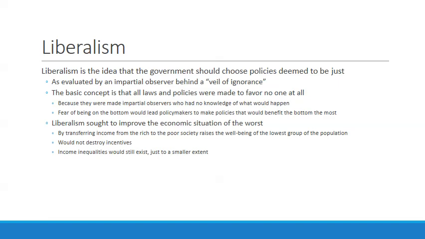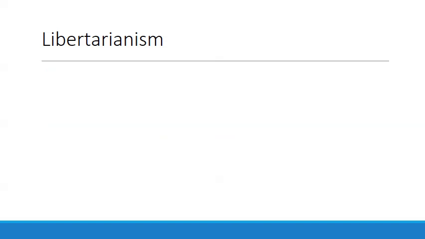Income inequalities would still exist, but just to a smaller extent. So whereas utilitarianism says everything is equal, liberalists will say there's still going to be inequalities, but they just won't be as large. So utilitarianism sought to increase the total utility of everyone in society, whereas liberalism sought to make one group better and try to close that gap.